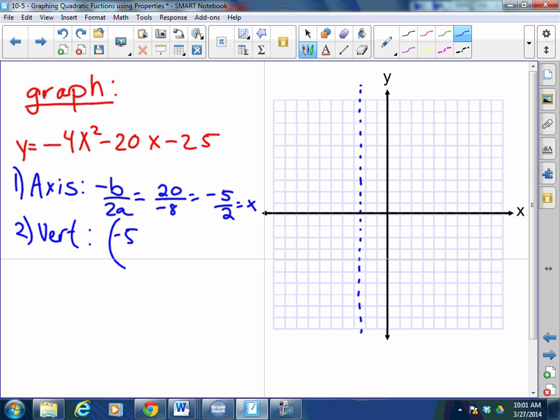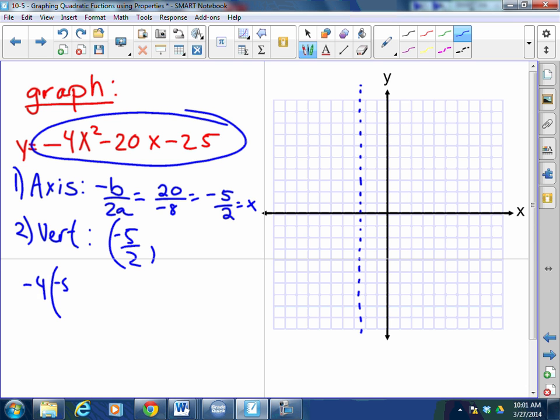My vertex is negative 5/2, comma the y value when I plug it in here. So this is negative 4 times negative 5/2 squared minus 20 times 5/2 minus 25.